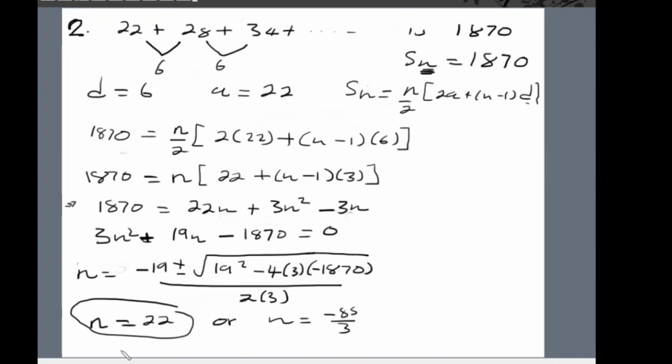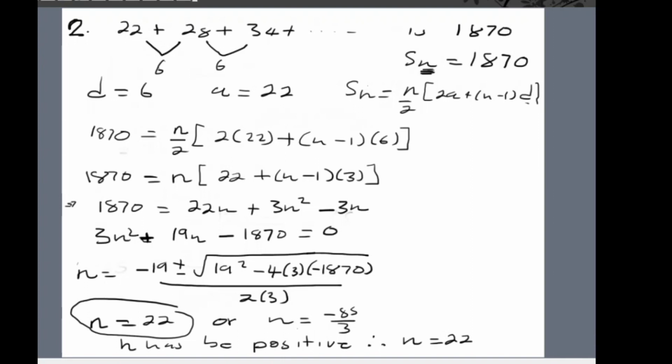So you say n has to be positive, right? Therefore n is equal to 22. Because we are counting, n has to be positive, therefore n is 22. You will get the mark in the exam for stating that n has to be positive, therefore n is 22. Okay, so that is question 2.